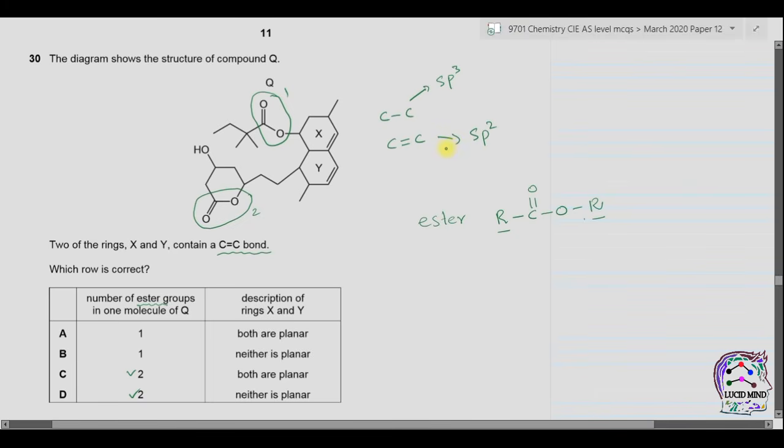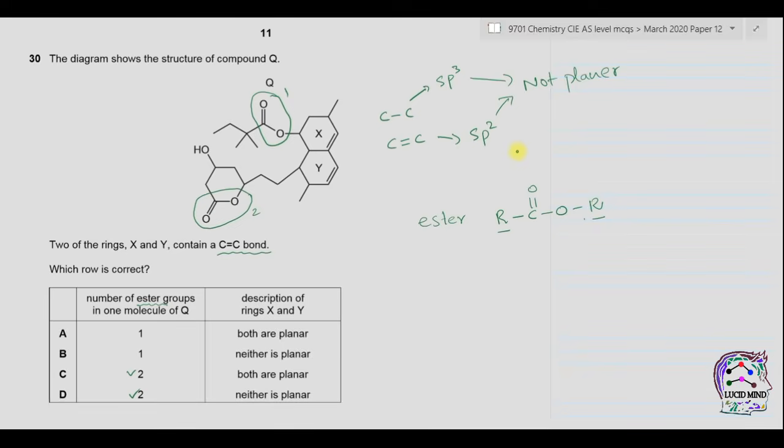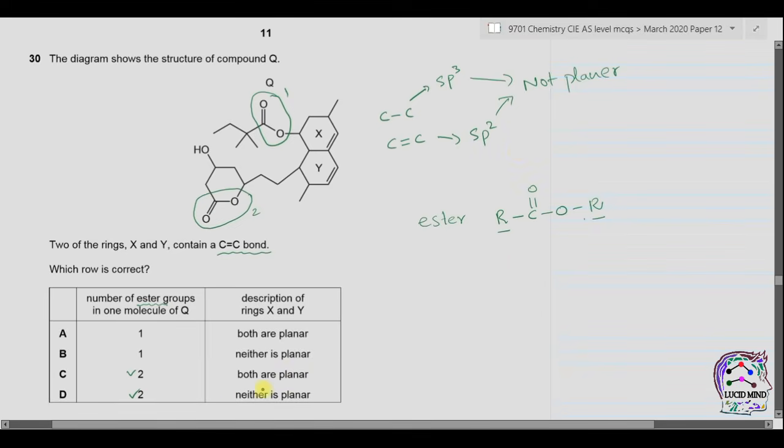If in one ring both sp2 and sp3 hybridization are present, then it is not planar. While if all the carbon atoms are sp2 hybridized, then the ring could be planar. For example, in benzene we have a planar ring because all the carbon atoms are sp2 hybridized. So we can say neither is planar, so the answer is part D.